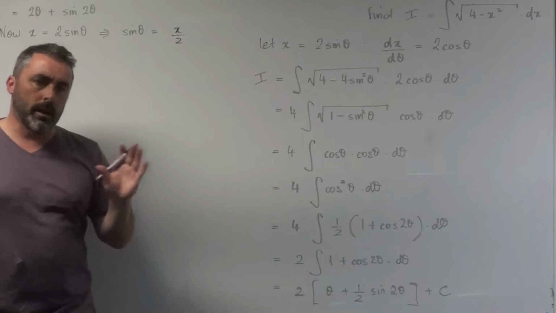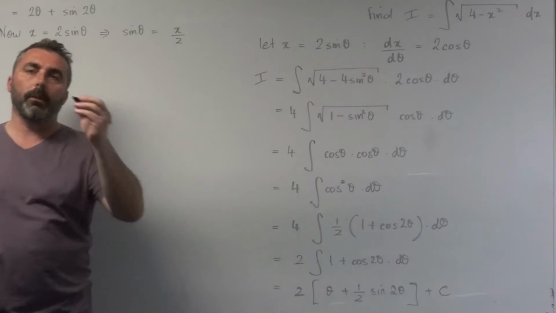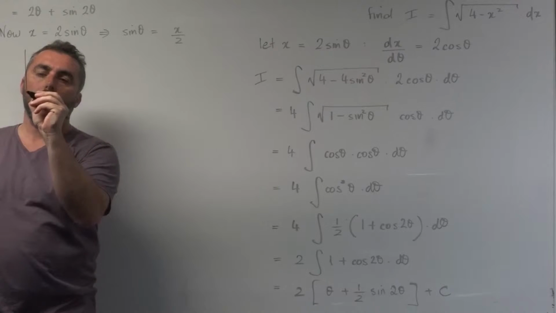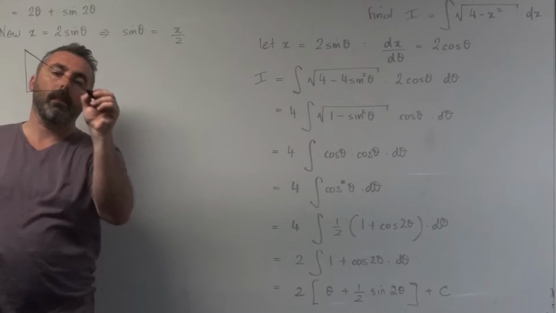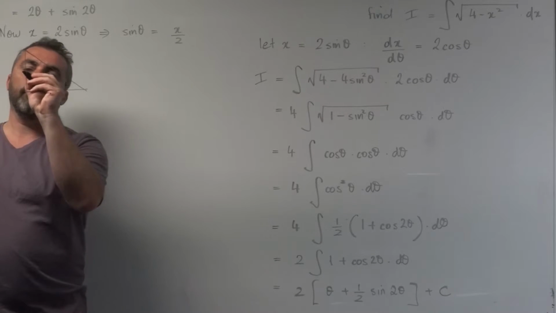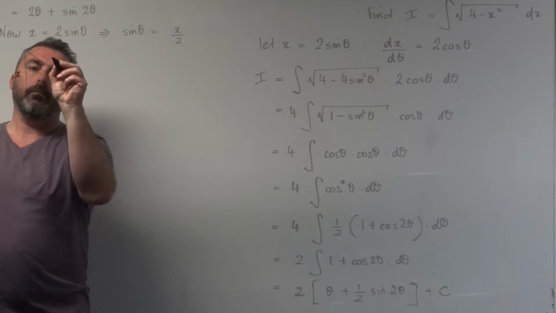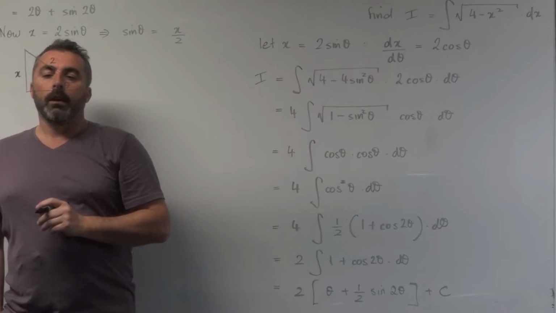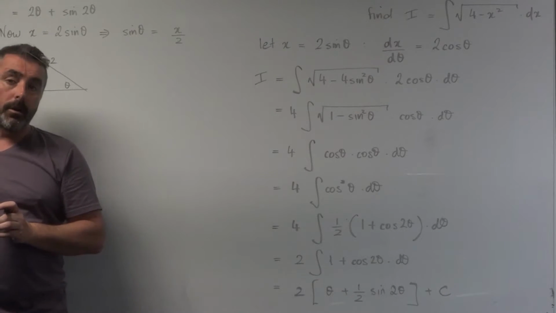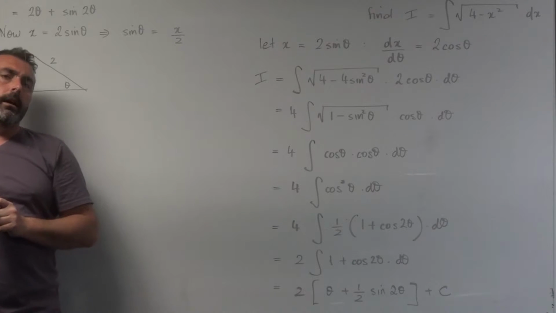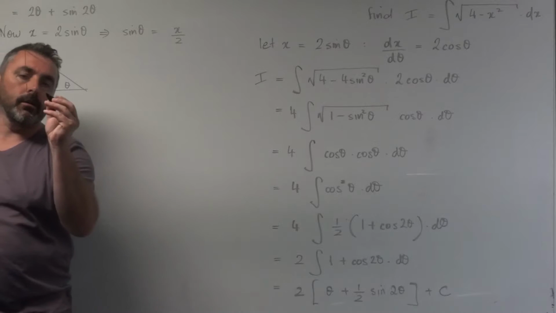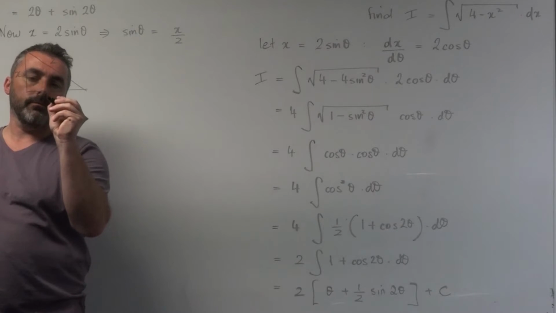Okay, so if we drew up a triangle that had this as its property, we'd have something like this. We'd need something on the bottom there. Okay, so let's do that. That's our adjacent.